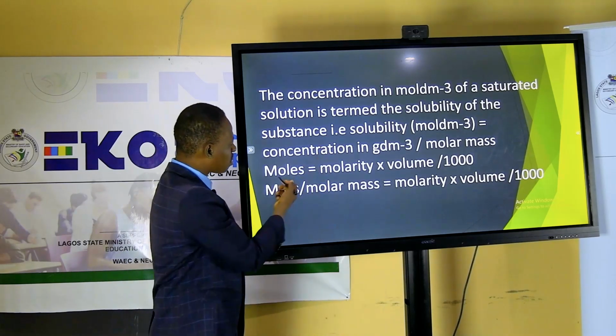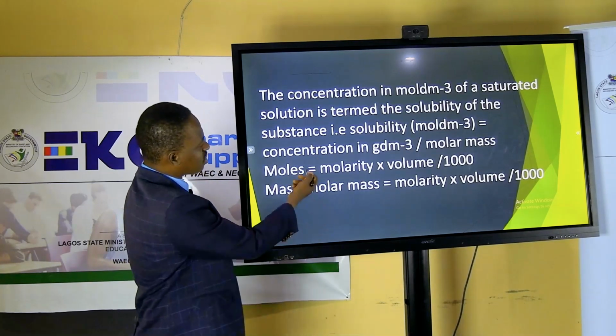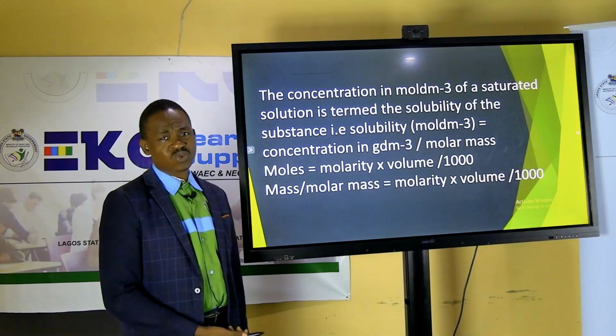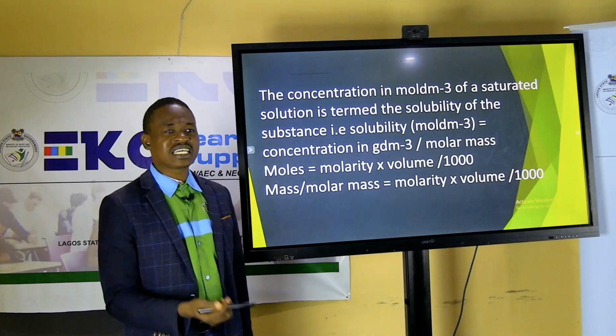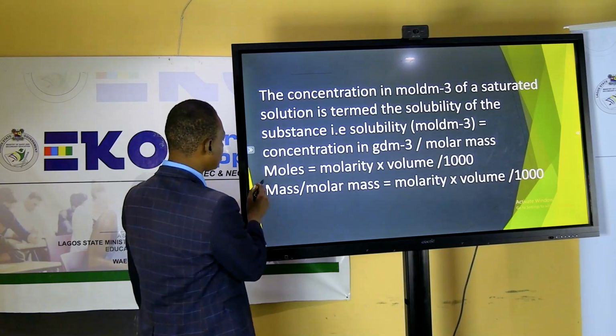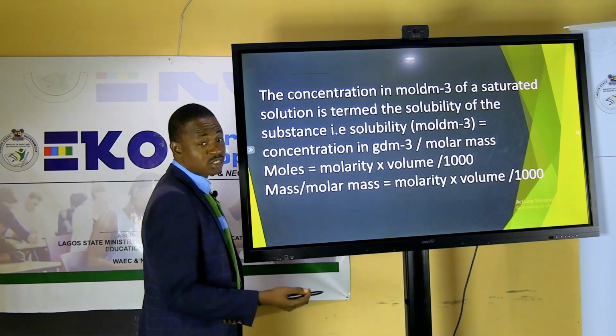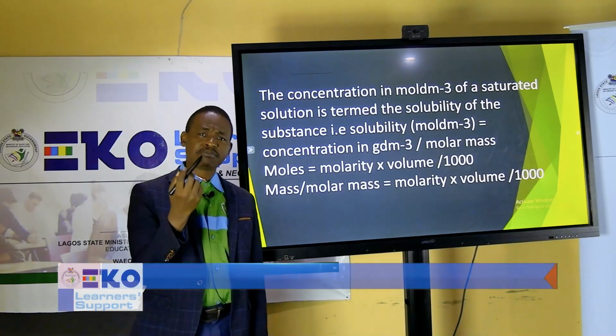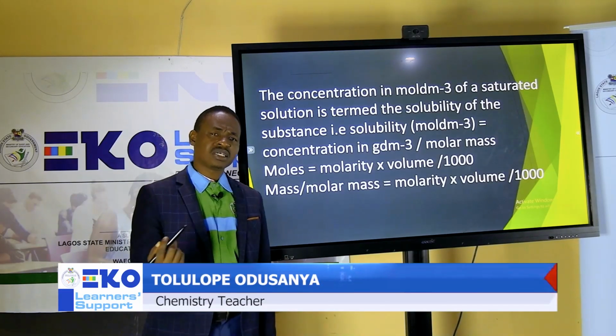Also, note that the mole is equal to molarity times volume divided by 1000, when the volume is given in centimeter cube. Okay, fine. Also know that mole is mass over molar mass.